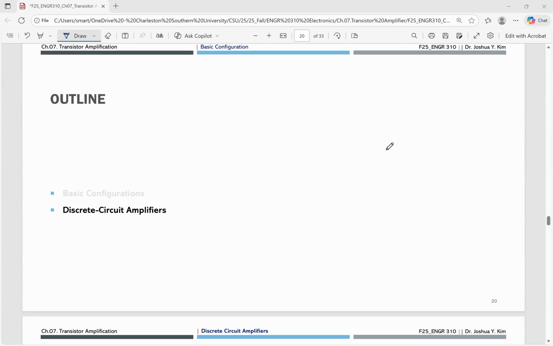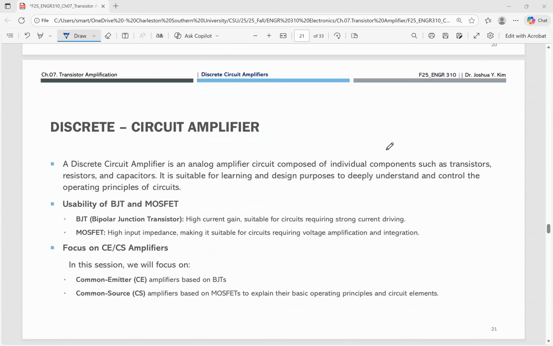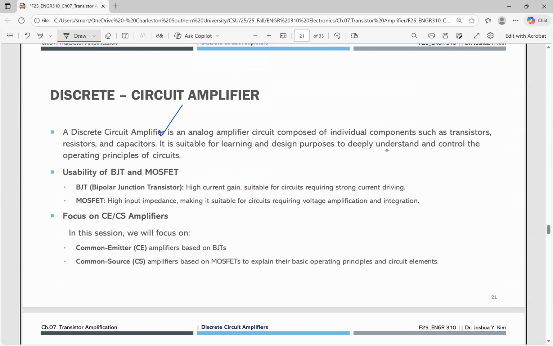From now on, we're going to focus on one type, discrete circuit amplifiers, and try to understand their operation. What are discrete circuit amplifiers? This is an analog amplifier circuit composed of individual components such as transistors, resistors, and capacitors. It is suitable for learning and design purposes, to deeply understand and control the operating principle of the circuits.